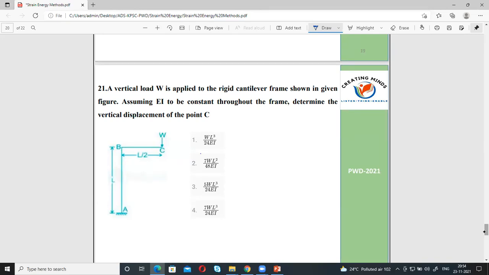These are all standard cases in frames, whatever I have given here. Yes, try to guess the answer. It's also the same thing, but here W and L by 2 are all given. If you substitute whatever values I have given into the equation we obtained, you are getting the strain energy. Yes, any guesses?